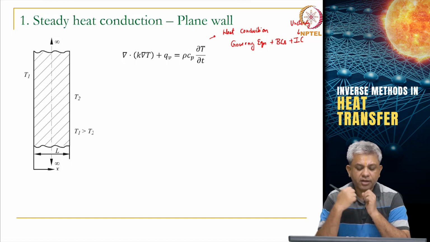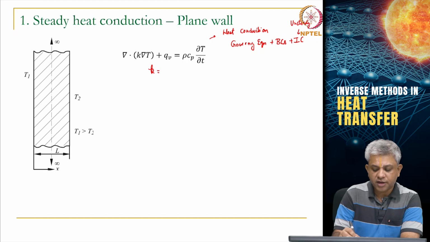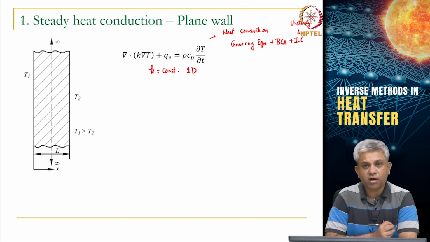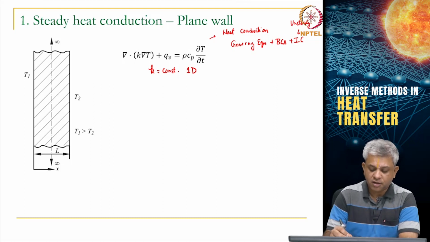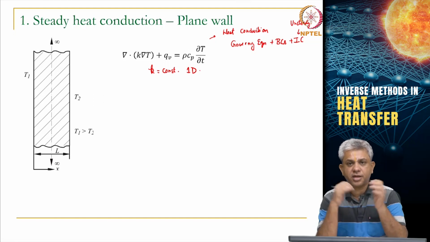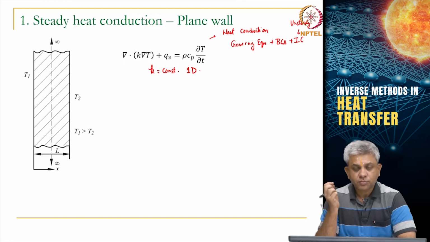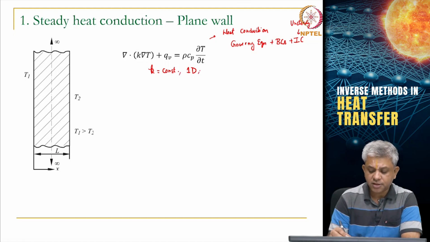If we take this case and simplify it further, we assume k is constant, and we assume we are dealing with a 1D or a quasi-1D case, such as a slab, where this dimension is really high in comparison to the width, or depth, of the slab, and this is steady.